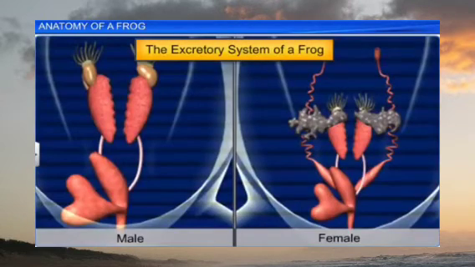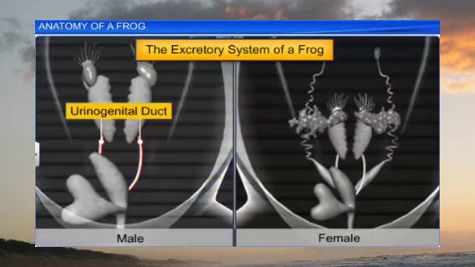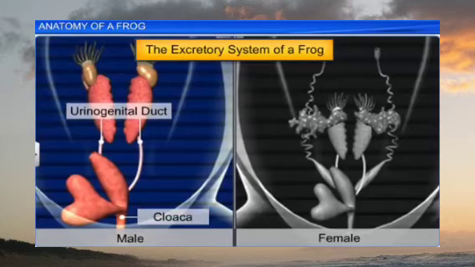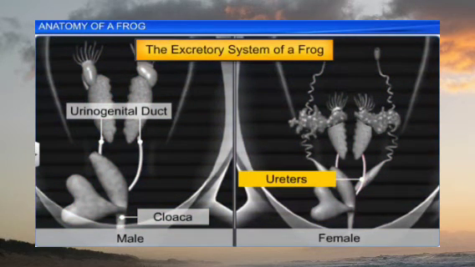In male frogs, the 2 ureters function as a urinogenital duct and open into the cloaca. However, in female frogs, the ureters and the oviduct open separately into the cloaca.